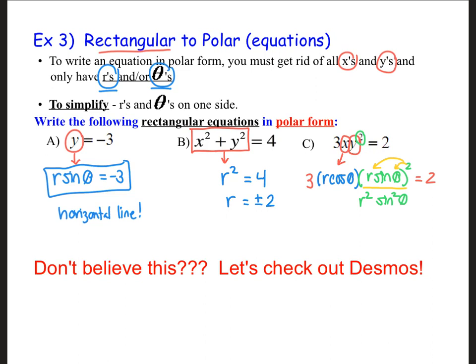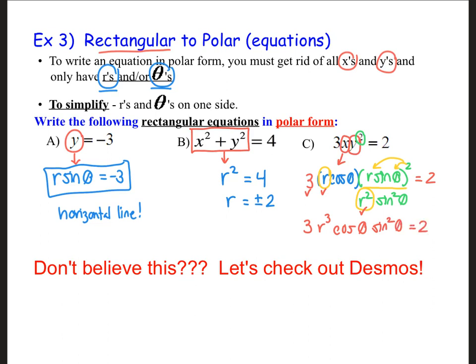For example, let's multiply the r and the r squared and combine that to say r cubed. So we could write 3 r cubed, so we've taken care of this, times cosine theta times sine squared theta equals 2.